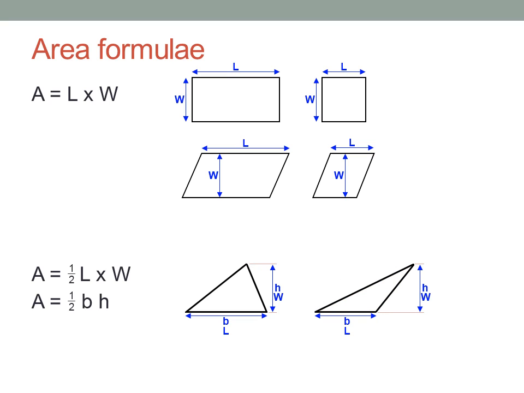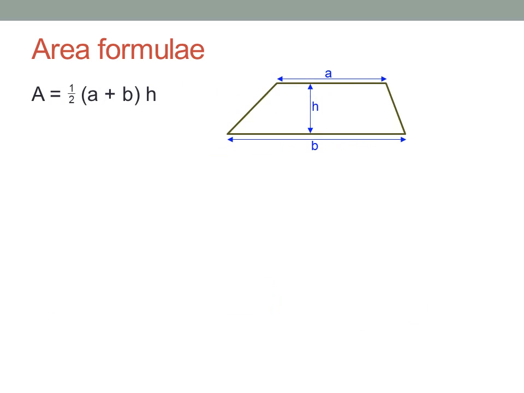To be honest, I usually just use half base times height myself, because that's the way I learned it. But I do think this method makes it much clearer why it works. It also helps explain why this next formula works. This shape is a trapezium.